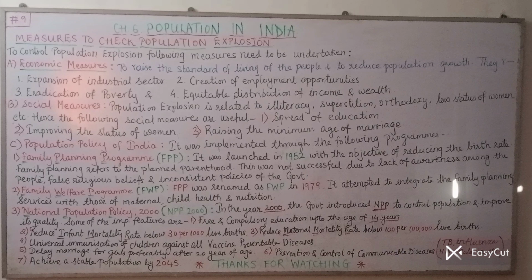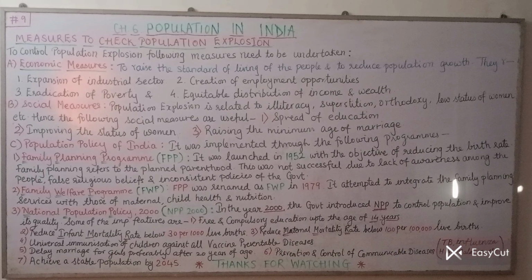What it means, people feel that they must have a male child or son in order to get moksha after their death, mukti, and that's why they go on having children till they have a son. So such kind of things are actually related to population explosion. Moreover, low status of women, because women are less educated in the society, hence they are not in a position to make any decision. Such kind of factors.